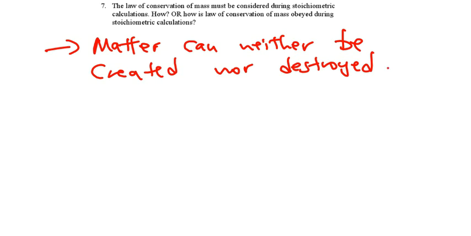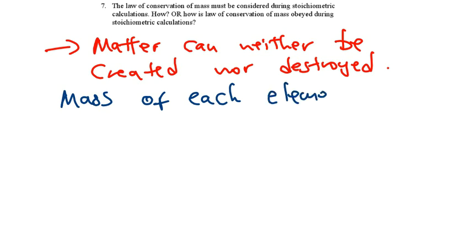So in stoichiometry, how do we apply this concept? The mass of each element present as a reactant should be maintained even on the product side.